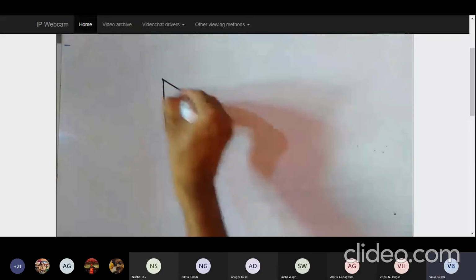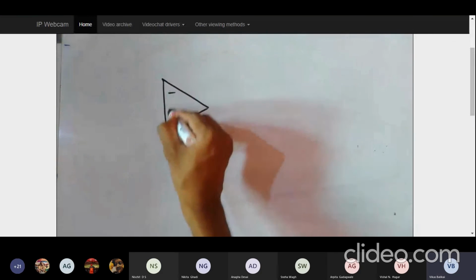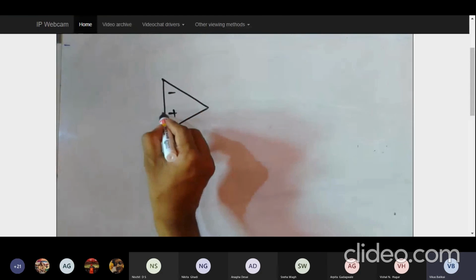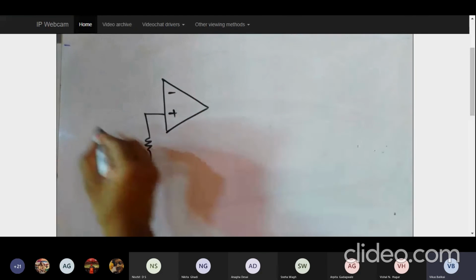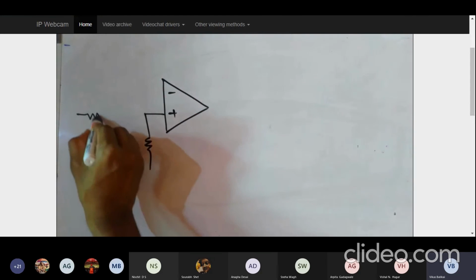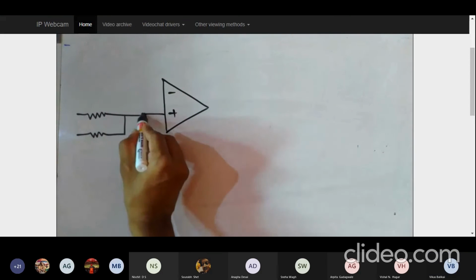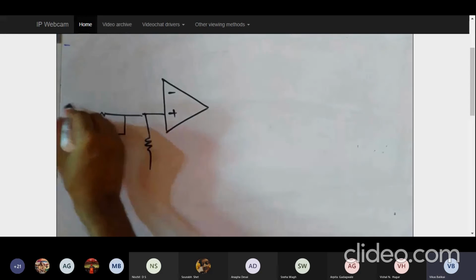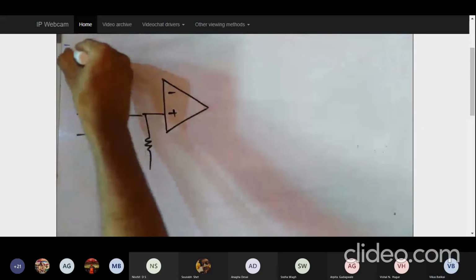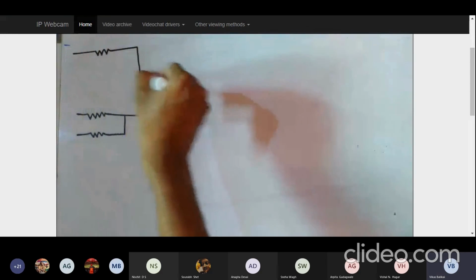Again I am going to consider both the terminals, inverting as well as non-inverting, but the difference is that I am going to give multiple voltages to the non-inverting terminal as well as to the inverting terminal. So this is how my circuit looks.